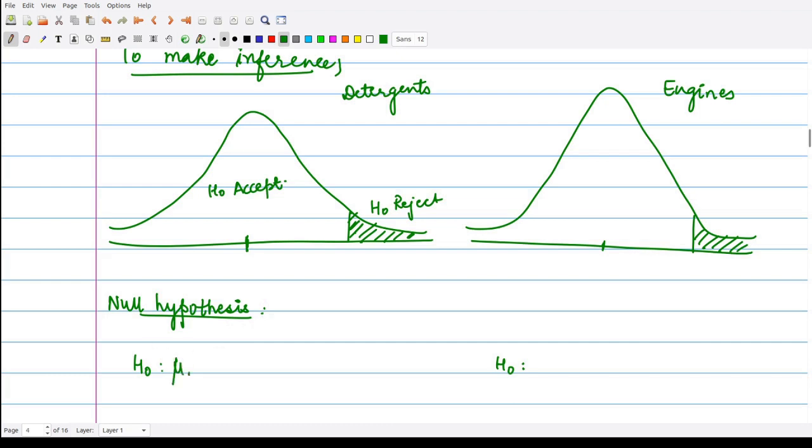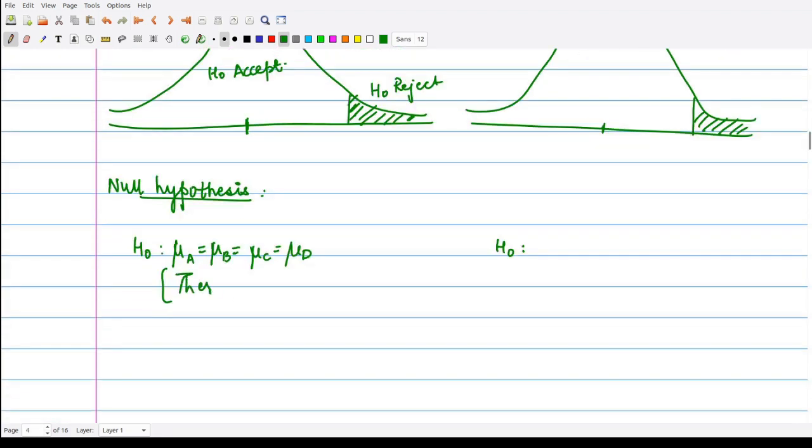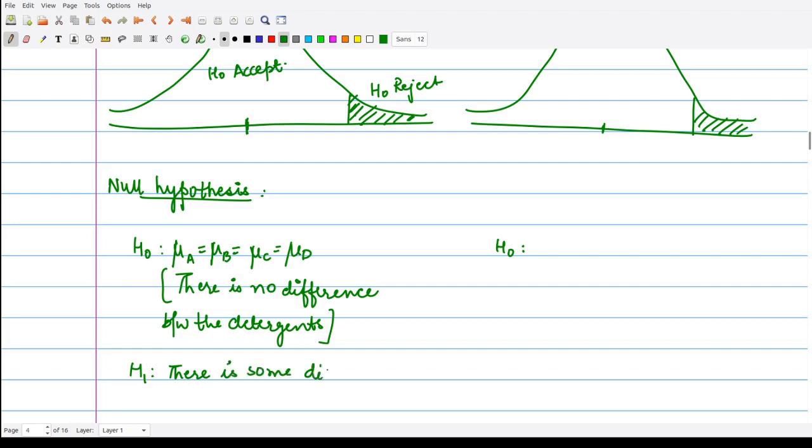So we will say mu A is equal to mu B is equal to mu C is equal to mu D. That means there is no difference between the detergents. So this is your null hypothesis. What is your alternative hypothesis? There is some difference between the detergents.